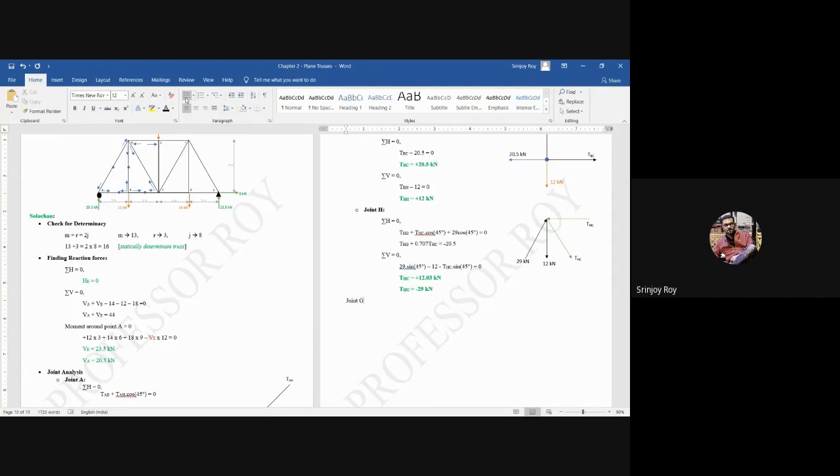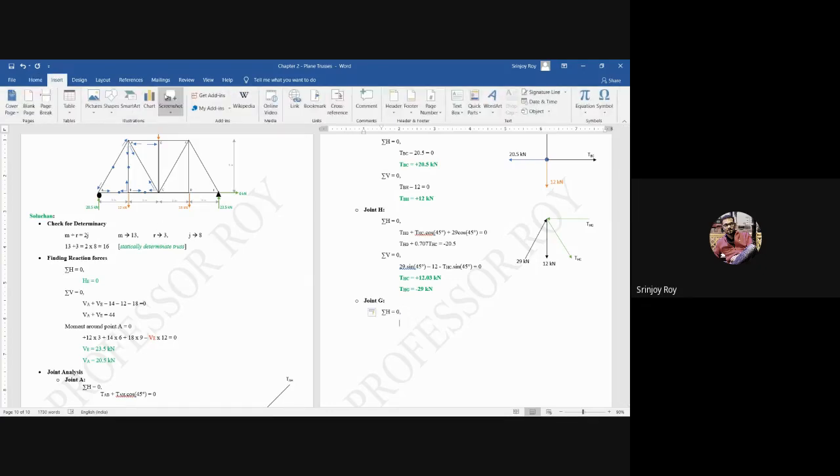Joint G, we can just clarify it like this. तो यहाँ पर क्या होगा? Same फंडा होगा. Same thing here. A joint G draw कर लो. कैसा दिखता है?